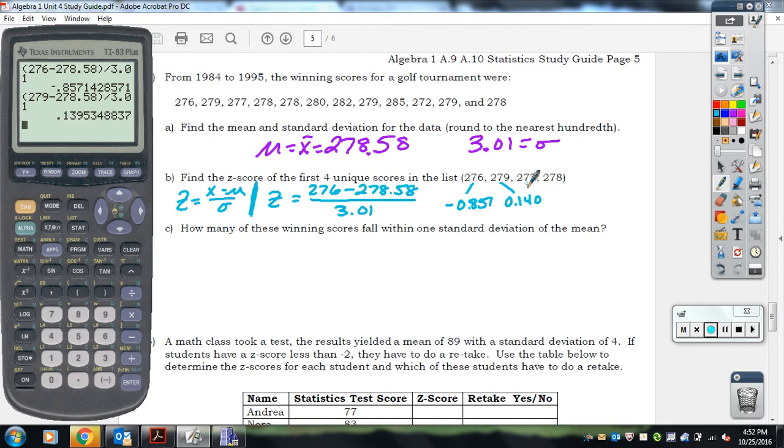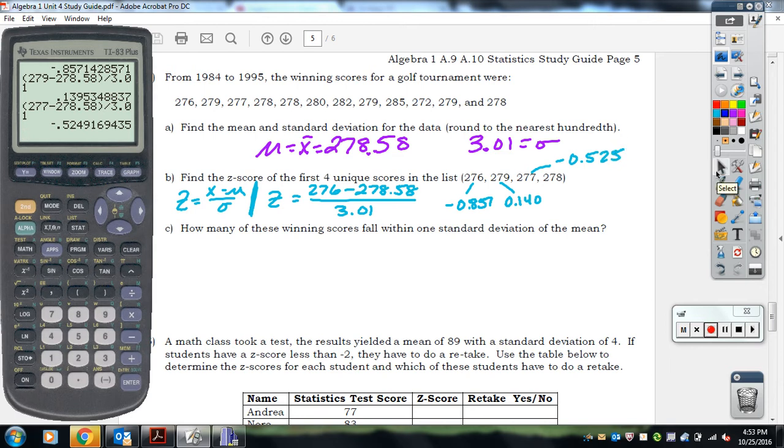Let's do the same thing for the next one, which is 277. Open parentheses 277 minus 278.58, close parentheses, divided by 3.01. Now I have negative 0.525.